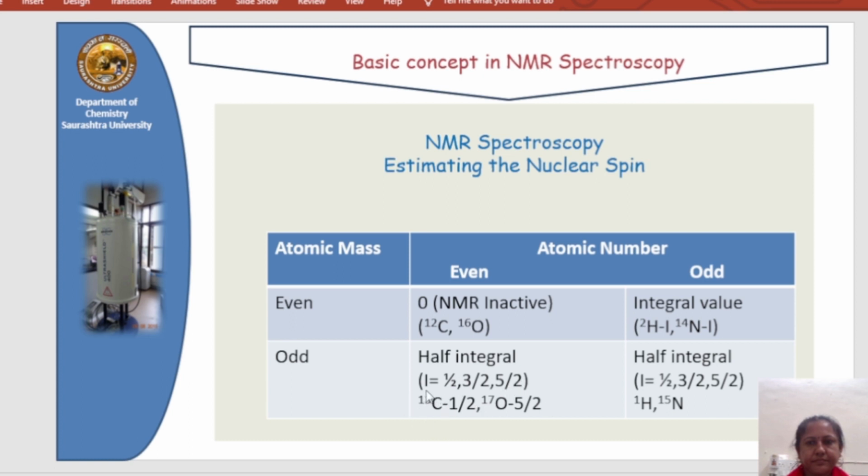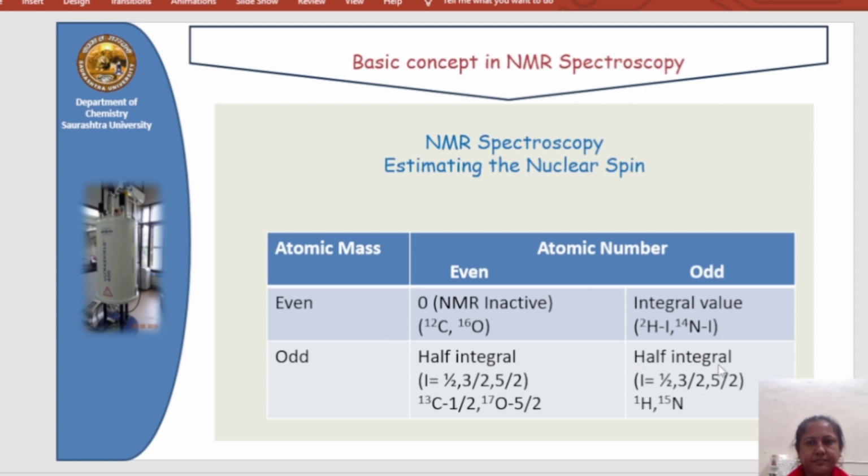Take the example of C13, an isotope of C12. It possesses one more neutron, which makes a difference in population distribution. This difference is represented as the spin quantum number I, which is 1/2. Same for oxygen, where I is 5/2, and chlorine 35, where I is 3/2.